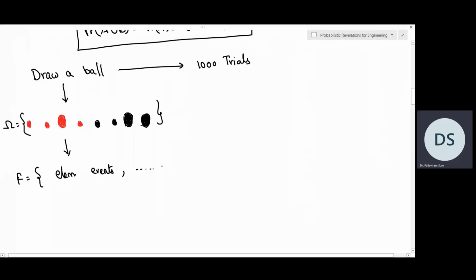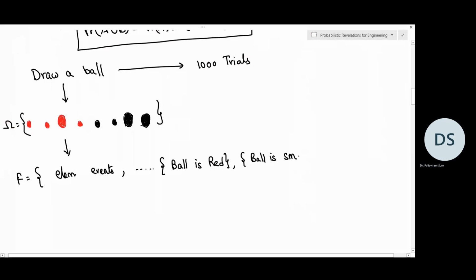So we'll define 2 such events: ball is red is one of them, and the other event that we'll define is ball is small. And many more to go. So we'll now focus on these 2 events. Say this event as A and this event as B.